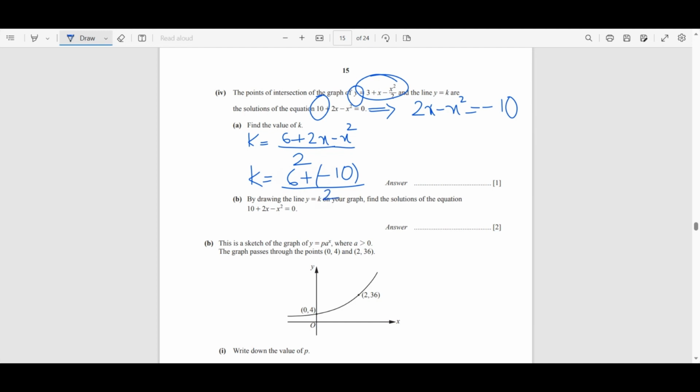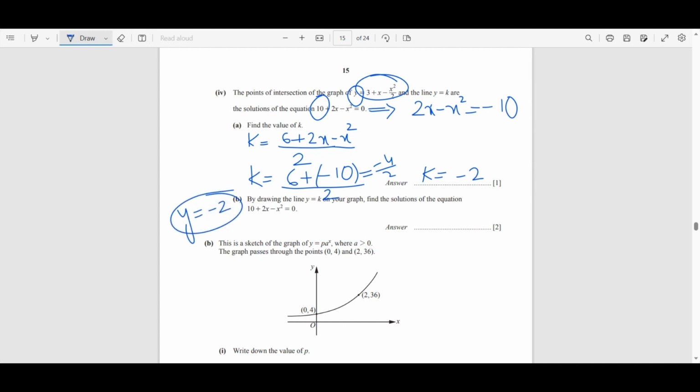So 6 minus 10 is negative 4, and negative 4 divided by 2 gives you the value of k, which is negative 2.